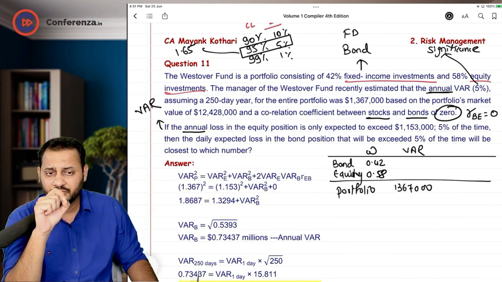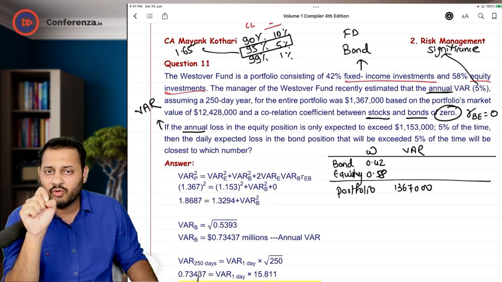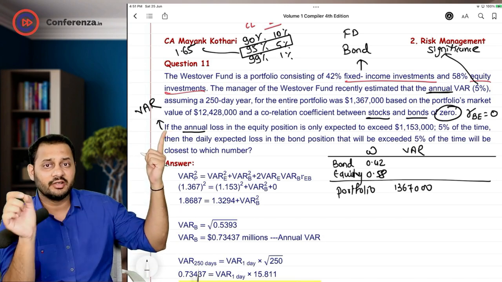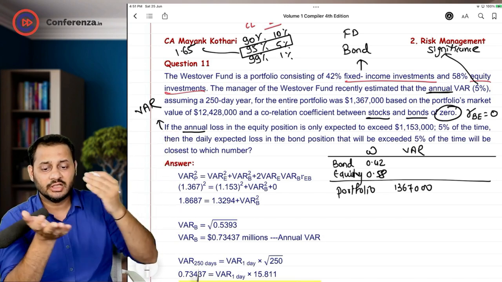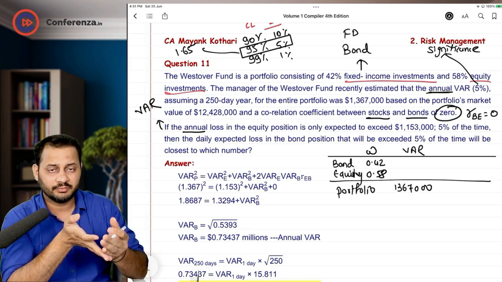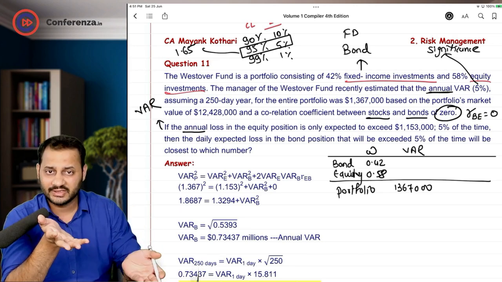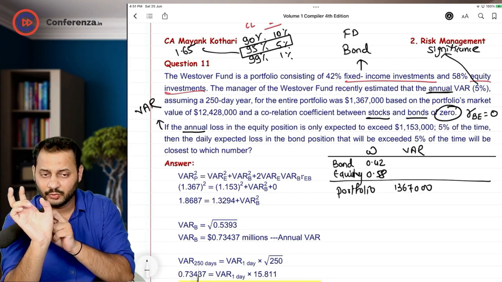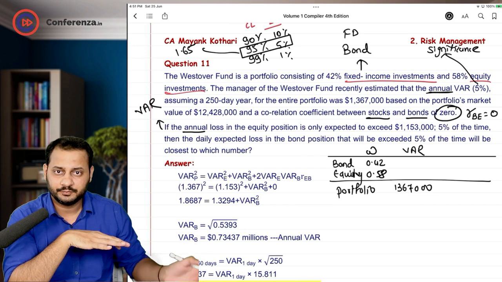The institute or the question maker is very smart. If they want to check your conceptual knowledge, they have given the meaning of the VAR. They have written the meaning of the VAR, means a loss in a particular investment which is expected to exceed this much of the amount, that is 1,153,000, 5% of the time.